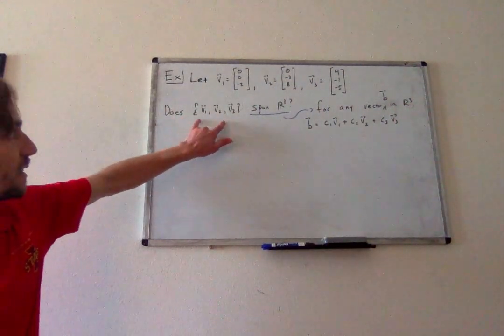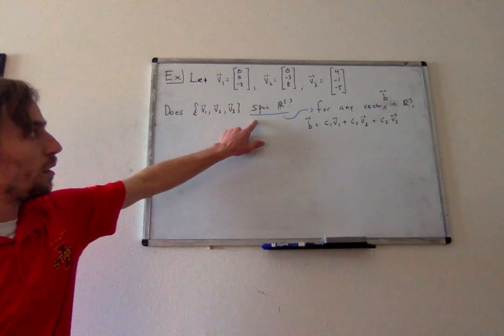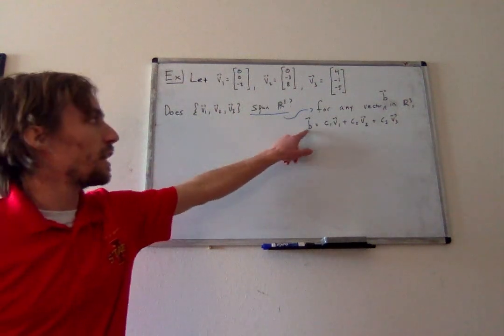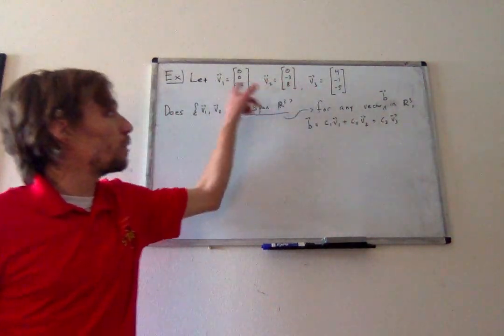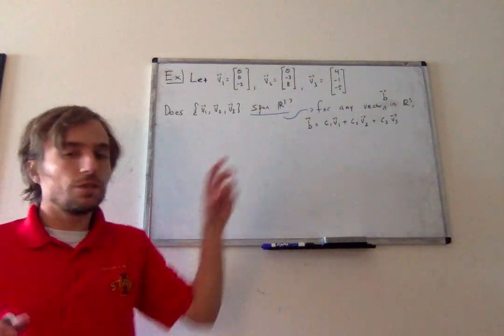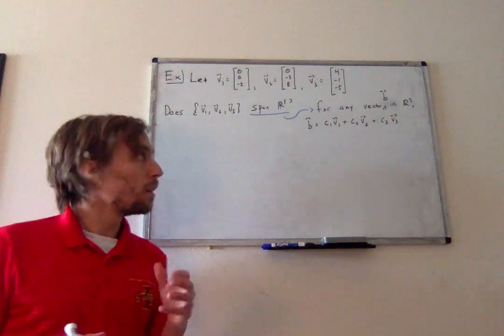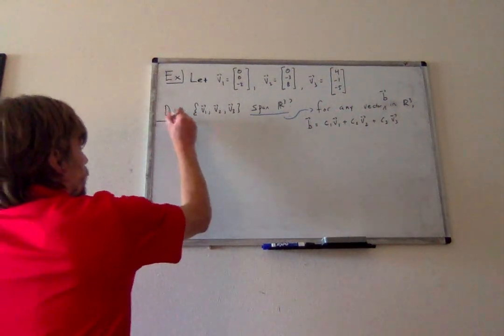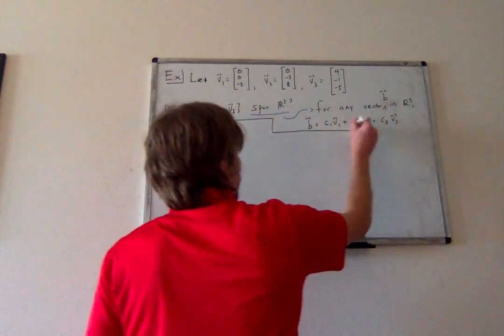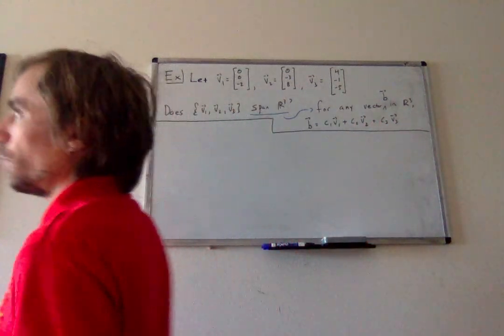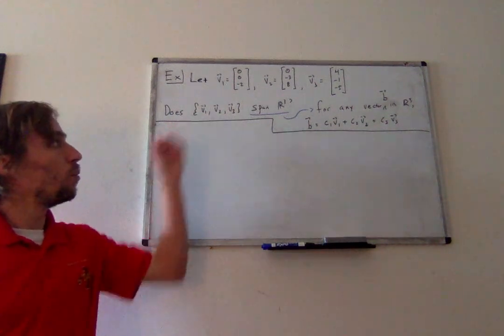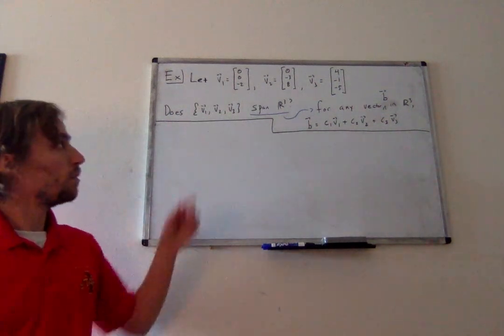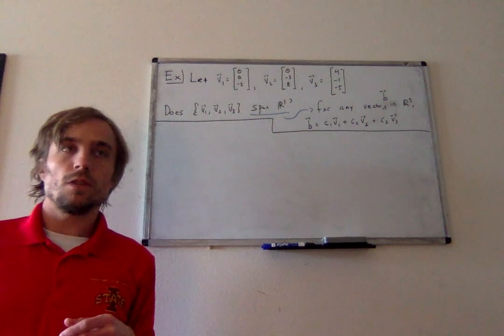So saying that this set of vectors spans R3 is by definition saying that if I take any vector of length 3, I can combine these three vectors in the right way to get to this vector b. All right, so remember that this is one of the conditions of Theorem 4, which says all of these four conditions are equivalent. One of the equivalent conditions is that this set of vectors spans R3.